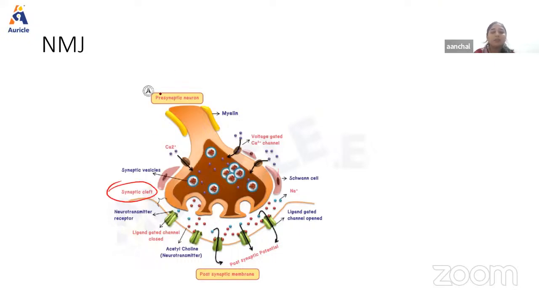So when the action potential reaches the terminal part of the nerve, what will happen? There will be opening of the voltage gated calcium channels, right? As the voltage gated calcium channels open, calcium will enter into the nerve.